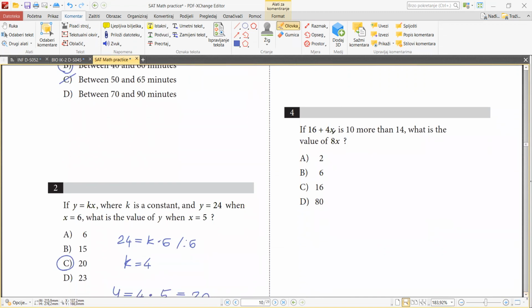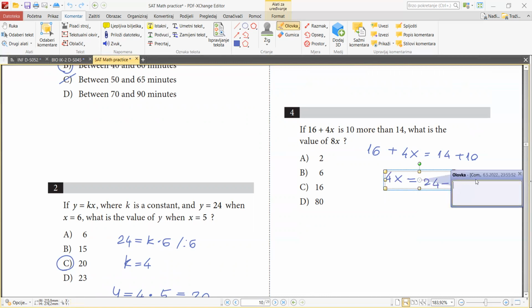Question 4. If 16 plus 4x is 10 more than 14, what is the value of 8x? So we can write 16 plus 4x is equal to 14 plus 10. So 4x equals 24 minus 16.